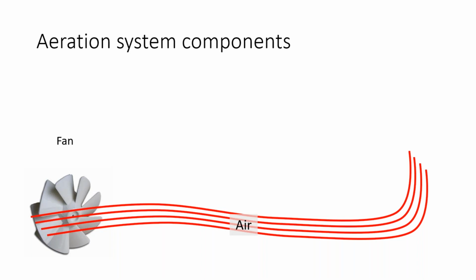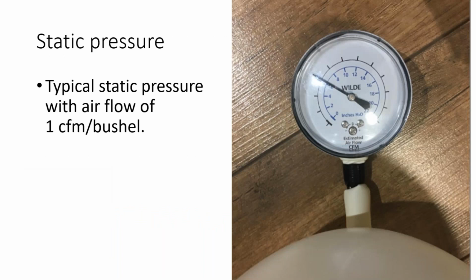And we also got into some detail as far as aeration fan selection. With that review, we found that most fans operate most efficiently with a static pressure of somewhere in that 6 to 10 inches of water, and that's where we get the best bang for our buck as far as the fan moving a good volume of air.